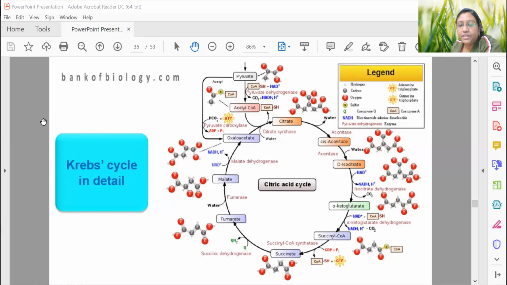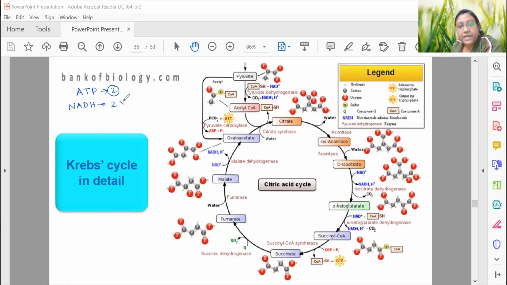But before we go there, I just wish to ask you, in glycolysis, what was the total ATP yielded? Can I know? 2 ATP. So ATP produced in glycolysis was 2. And what was the number of NADH produced? 2.